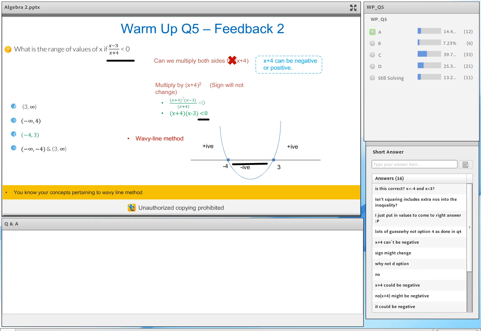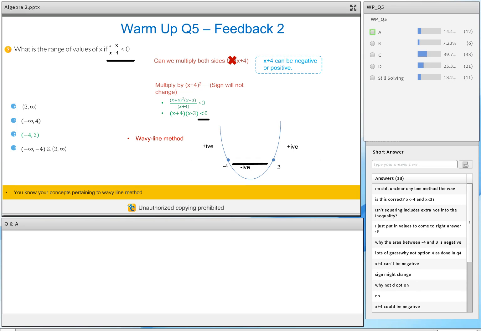Now, if the question stated a constraint such that you knew that x plus 4 is positive always, then yes, you would have simply multiplied both sides of the inequality by x plus 4 and you would have gotten x minus 3 is less than 0, right? But in this case, that's not the case, right? So your goal is not to get scared of expressions such as these.